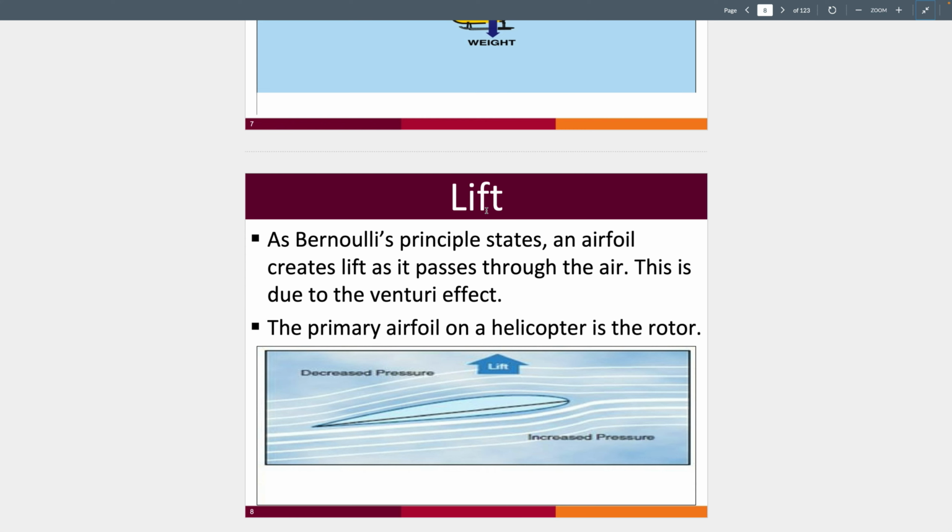The movement of airflow over the upper surface of this blade is what generates that differential pressure and creates lift. Like we discussed, helicopters primarily produce lift by rotating airfoils. Rotating airfoils is the primary principle of lift production.